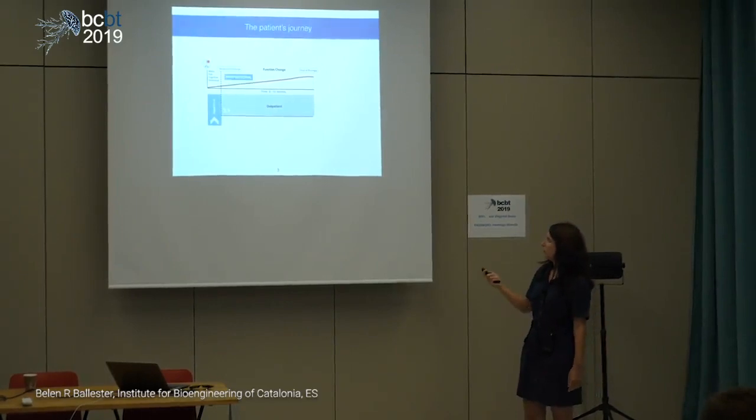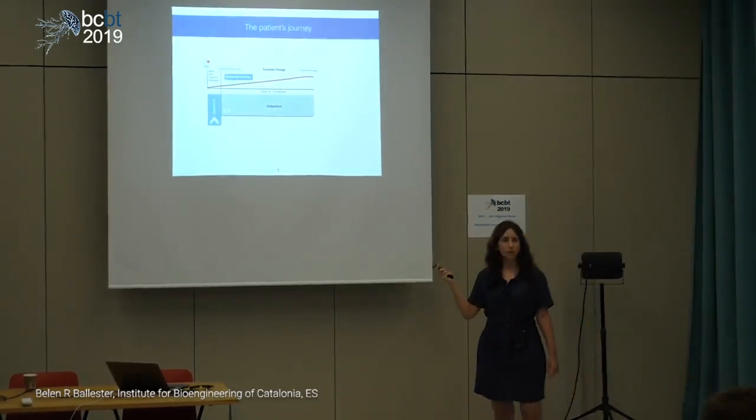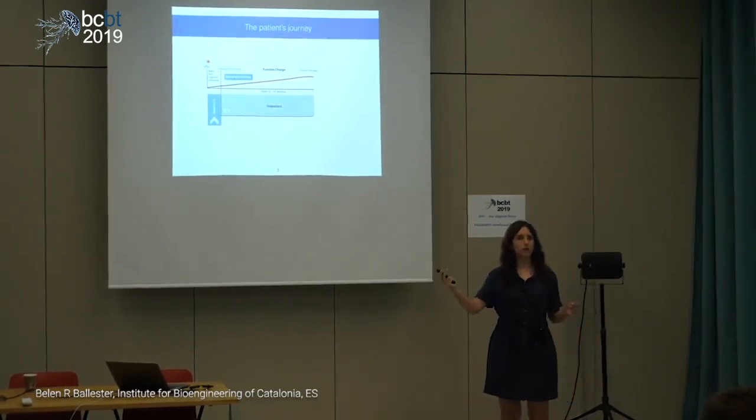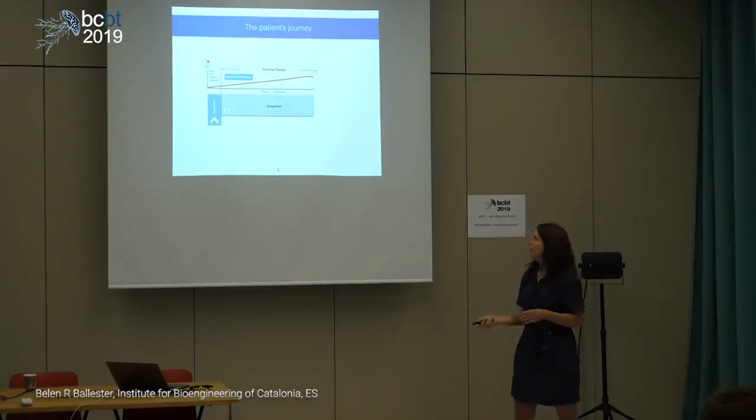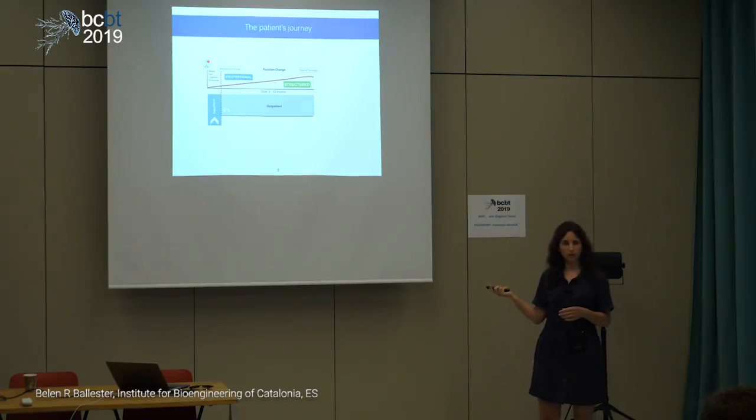So, as we were mentioning the other day, there are certain rules that we observe in the pattern of recovery. Recovery seems to be proportional, because those patients that are more affected recover more, and also it is structured, so they recover more at the early stage post-stroke. Okay?